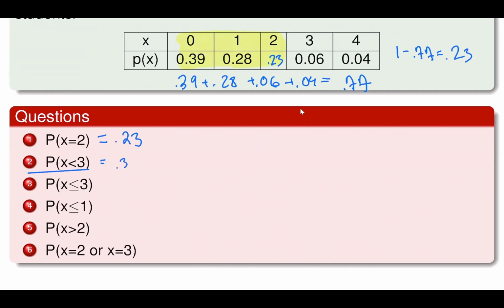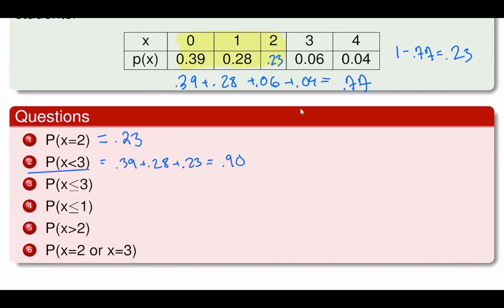So we get 0.39 plus 0.28 plus 0.23. Let's see, what do we get? If you look at it, you get 0.90. And that's it for number 2. Any question for number 2?